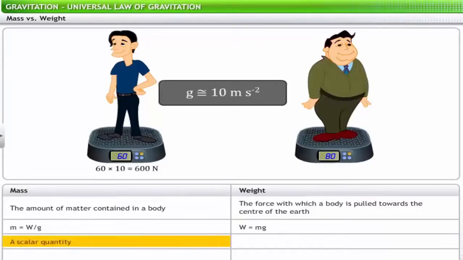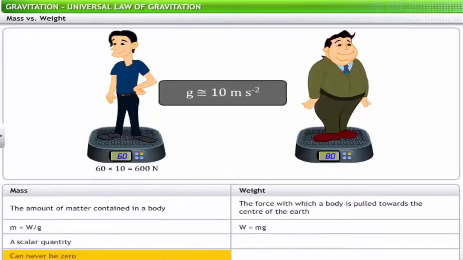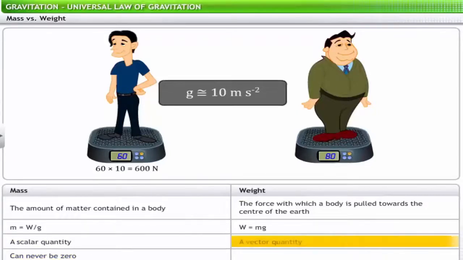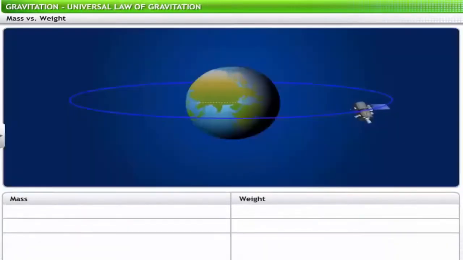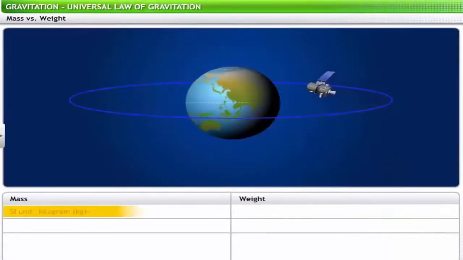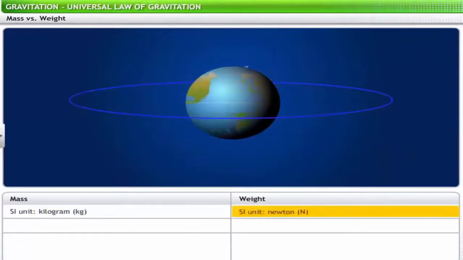Mass is a scalar quantity, hence it can never be zero. However, weight is a vector that can be zero when the acceleration due to gravity is zero, for example, in space. In the SI system, mass is quantified in kilogram, while the unit of weight is Newton.